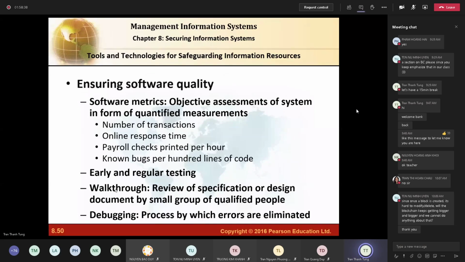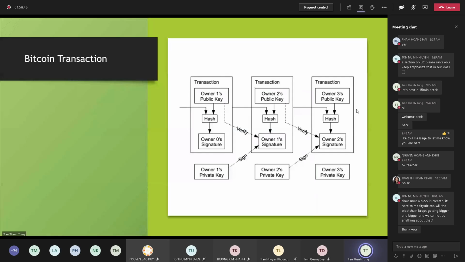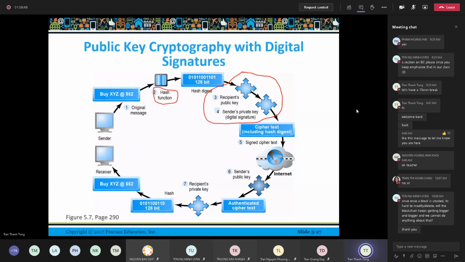So that is the end for the securities. And there's one last thing for security I just want to show you, because that is very relevant nowadays, which is the security of cameras, smartphones, and so on.